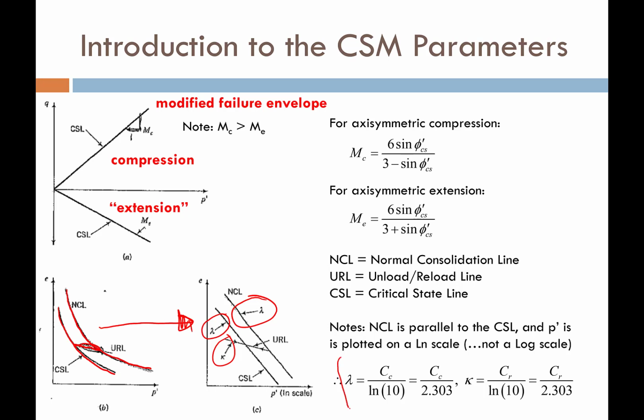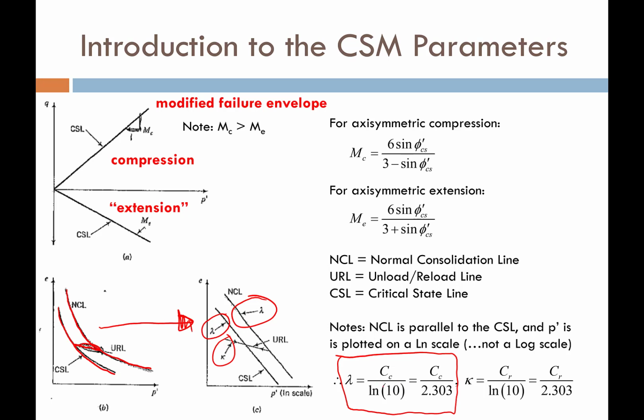We can calculate that using this equation right here, where it's just C sub C, but instead of being in log base 10 units, we're in natural log units. So we have to convert that C sub C to an equivalent in natural log. That's why we divide by the ln of 10.